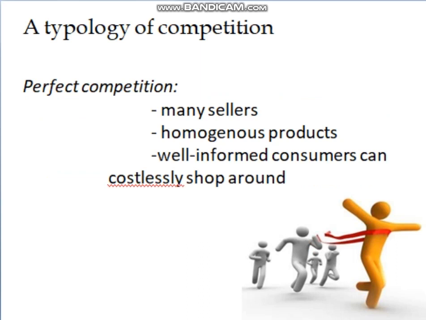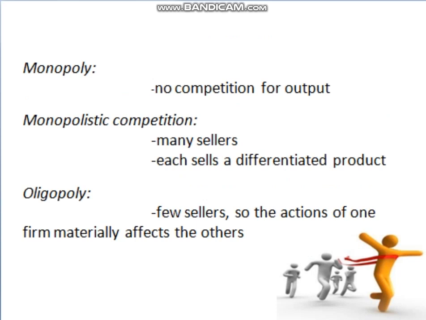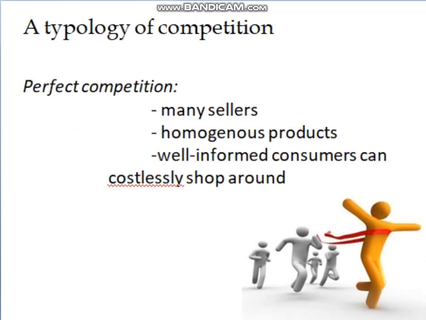And the next is classification of competition on the basis of topology. There are different types of competition. They are perfect competition, monopoly, monopolistic competition, and oligopoly, etc. So let us see what perfect competition is. Perfect competition is a market situation where there is a large number of sellers.